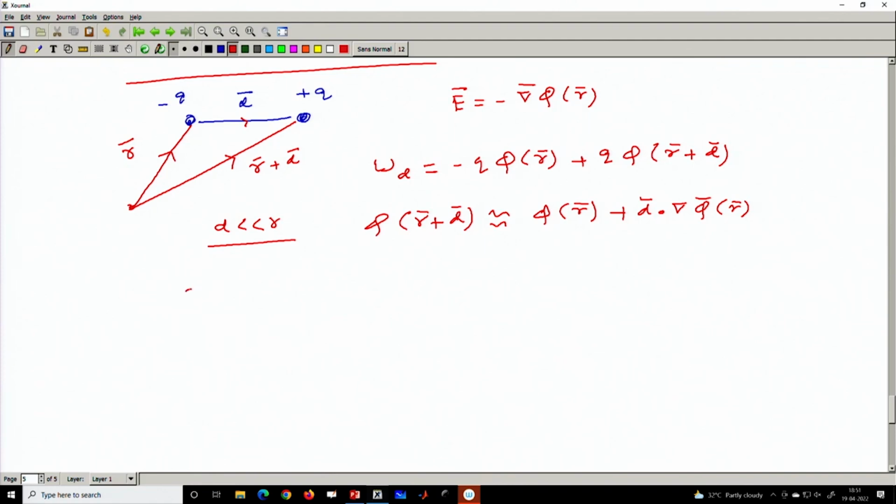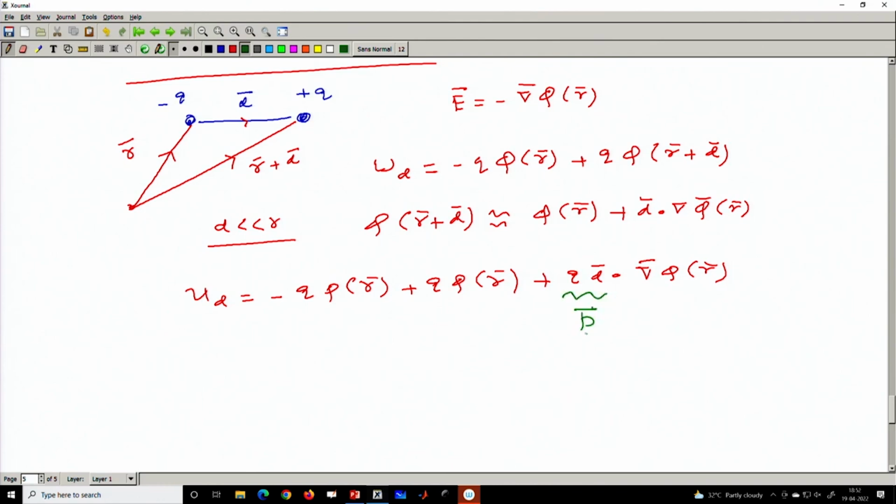So U of d is now minus q phi of r, plus q phi of r, plus q d dot the gradient of phi at r. Now, q d is the dipole moment p.